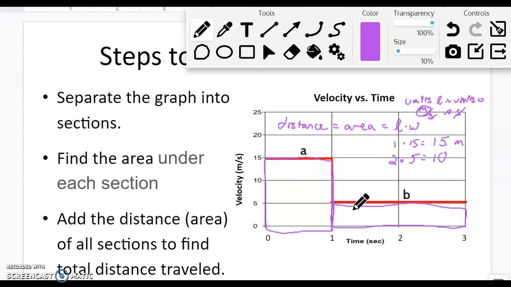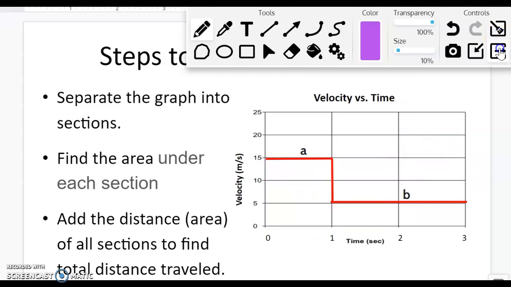You multiply them together, and we get 10 meters. So each section goes a different distance, but the total distance is really the sum of them. So if we add 15 and 10, we get 25 meters for the total distance traveled throughout that graph.